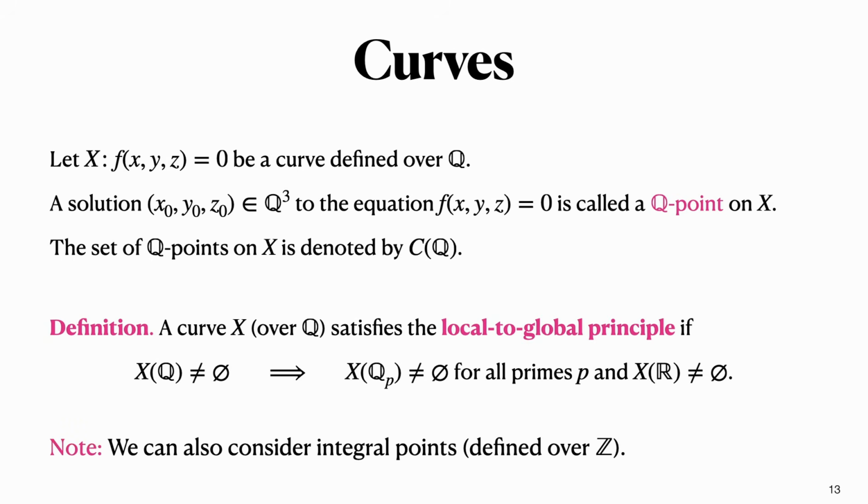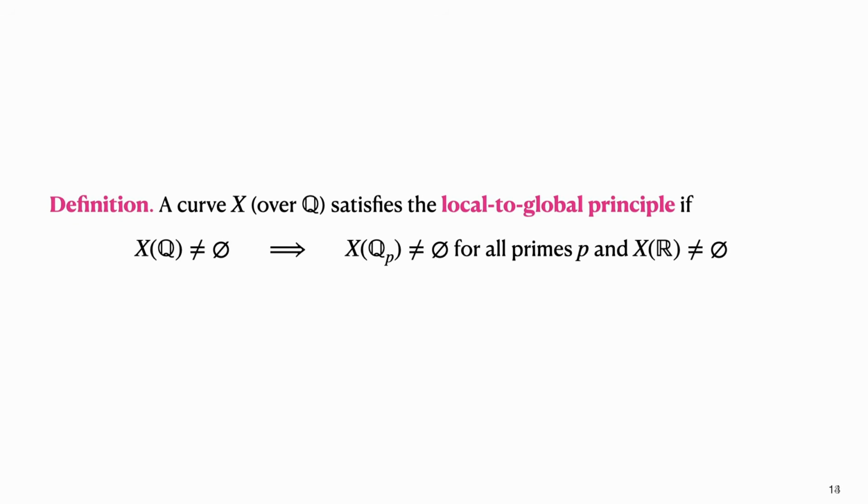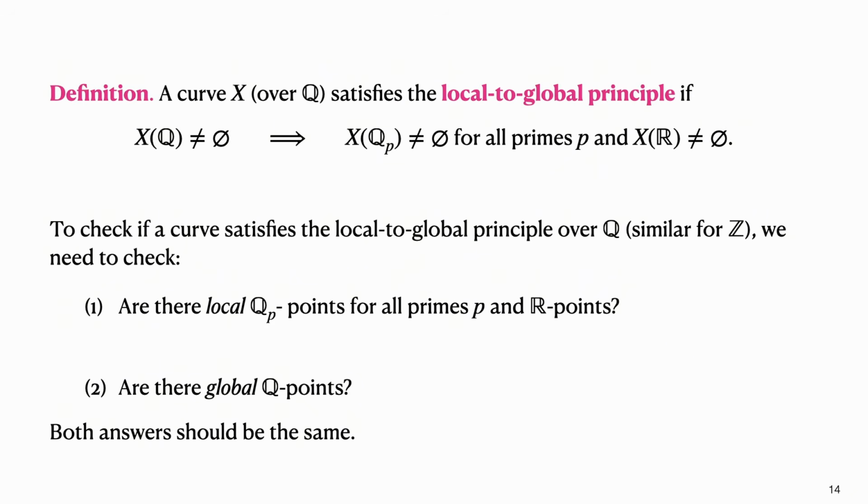And we can ask the same question. If we don't like the rational numbers, we can ask the same question over the integers. And you will just change Q_p by Z_p. And you can answer similar questions. Okay. So that's the local to global principle for us. And we saw, let me not get ahead of myself. So to check if a curve satisfies the local to global principle, you need to check, are there local points for all p and R? And then also you need to check, are there global points, right?